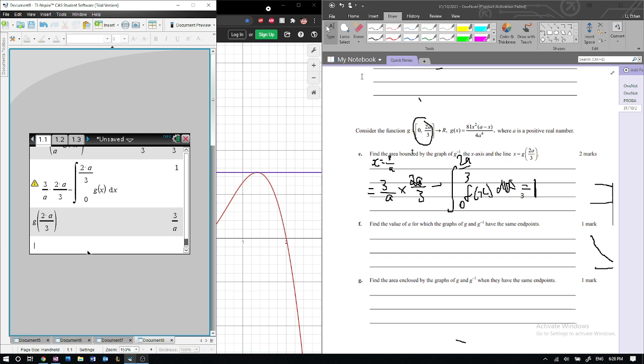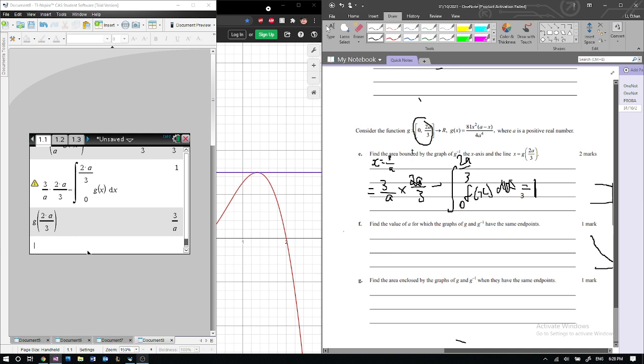So I'll write out the endpoint. The point that they want is 2a over 3 and 3 on a.